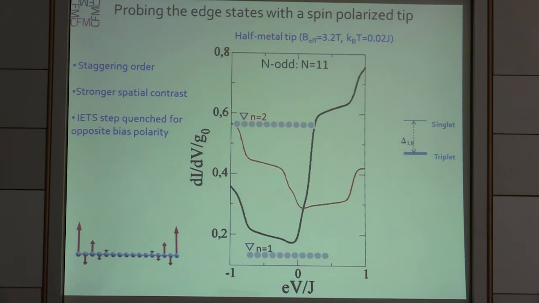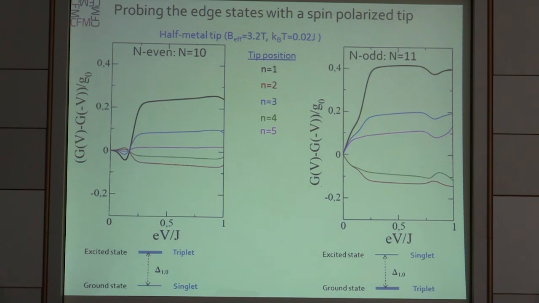And this is reflecting the staggering order that appears naturally in an antiferromagnet. So here we can observe how this asymmetry in the differential conductance changes with the applied bias voltage.